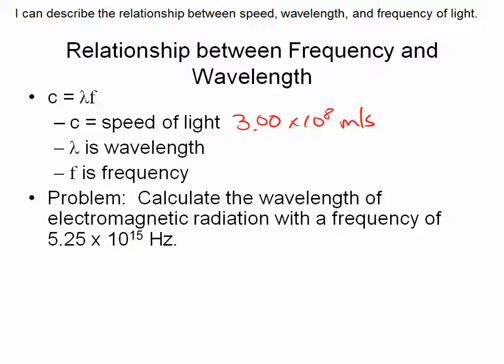And if we look down here in our problem, we can see that this time it's asking us to find the wavelength and it provides us with a frequency. So our frequency here is 5.25 times 10 to the power of 15 hertz.